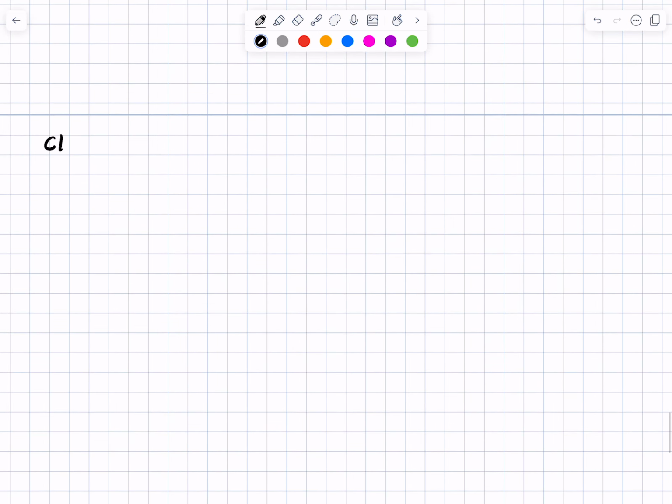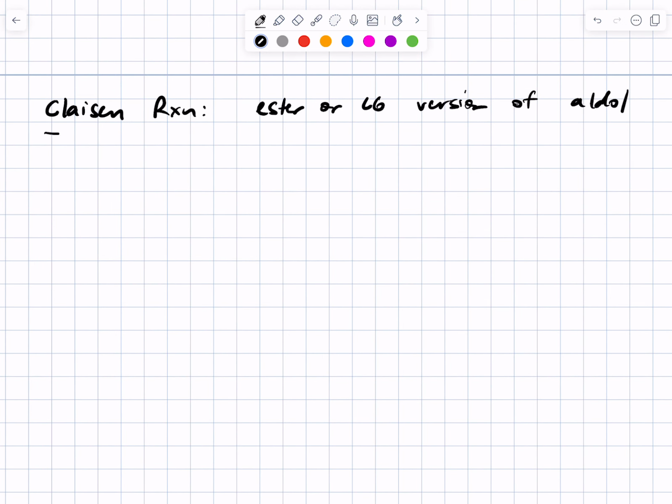So this is going to be called the Claisen reaction. It's just, as I said, the ester or leaving group version of the aldol. The products are going to be different from the aldol, but in entirely predictable ways. So let's imagine using an ester as our starting material.